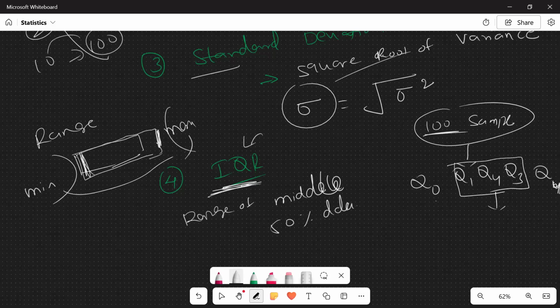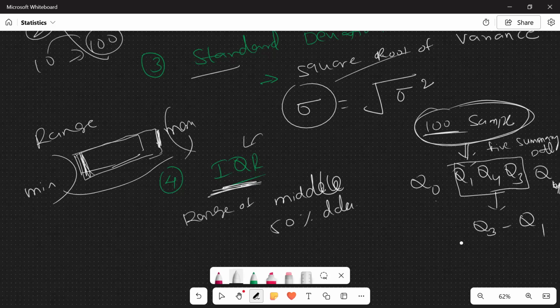If I apply the range, what we get is Q3 minus Q1. Q3 means quartile, guys. Even if you have thousands, 10,000s or 1 lakh of samples, we are converting them into 5 elements that we can call the 5 summary data.